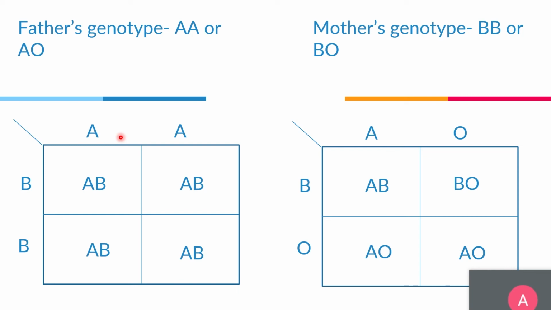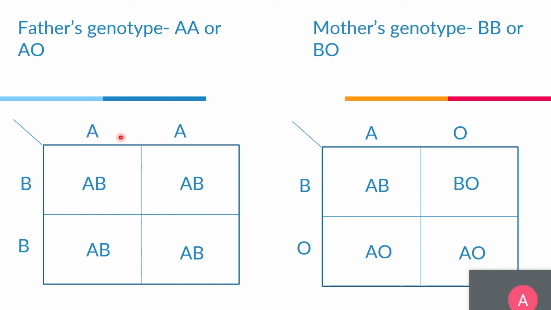If the father's blood group is A, then the father's genotype will be either AA or AO. Similarly, if the mother's blood group is B, the mother's genotype will be BB or BO. And we obviously know that in order to understand the genotype of the progeny, we have to draw a Punnett square.